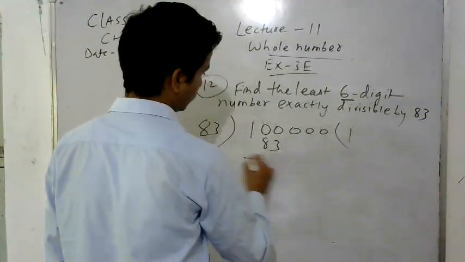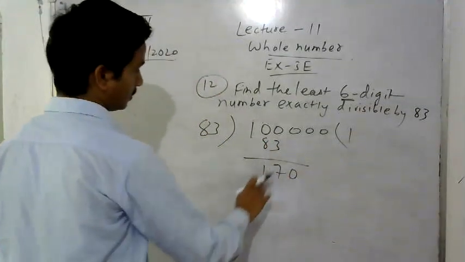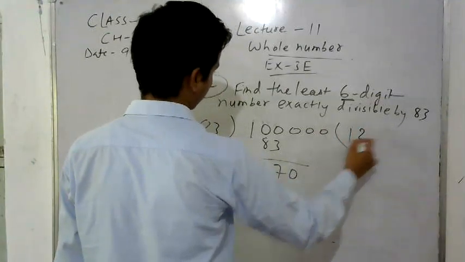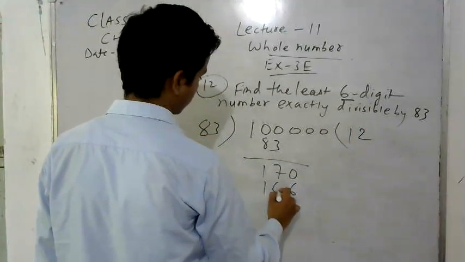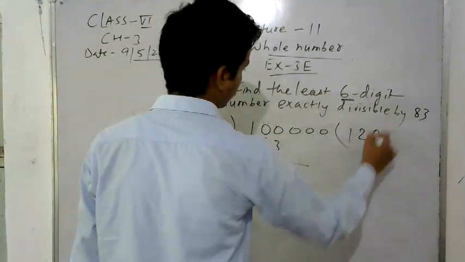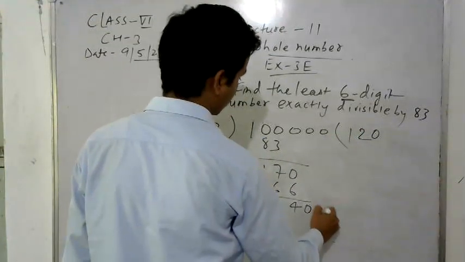Dividing by 83, you will get 1 1... Now 2 is a 6, 2 is a 16, 4, 0, again 0, because it is less than that. Now 1 0.